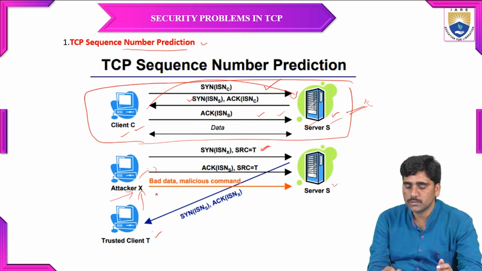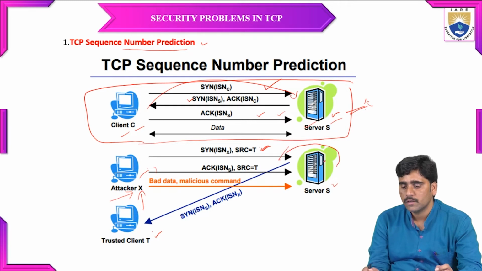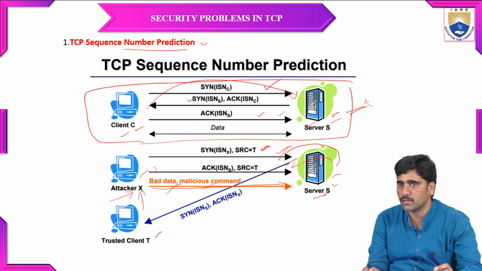Similarly, after receiving an acknowledgement from the system, the attacker can predict the numbers that I am going to generate in the next step. So now I am going to send different malicious commands to the server, which has to respond. To respond to the client, the attacker can send some bad data or malicious commands because he can already send the request and the acknowledgement to the server.